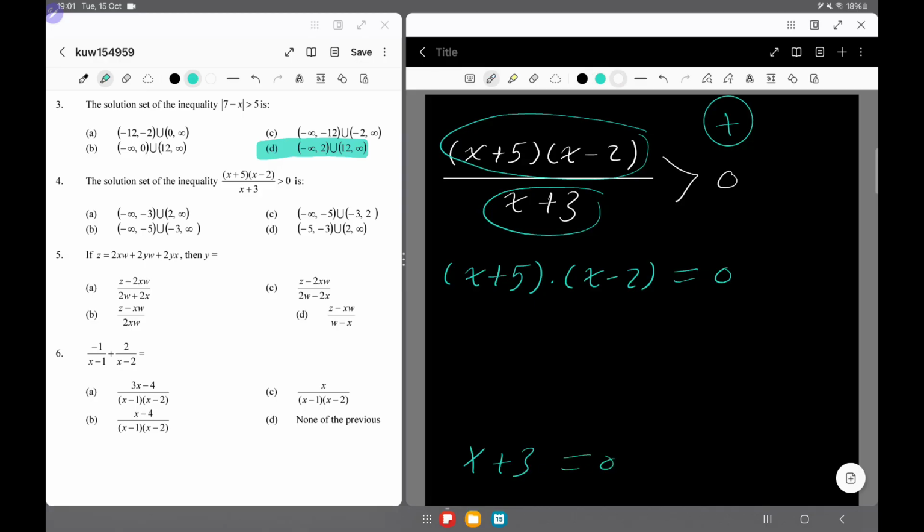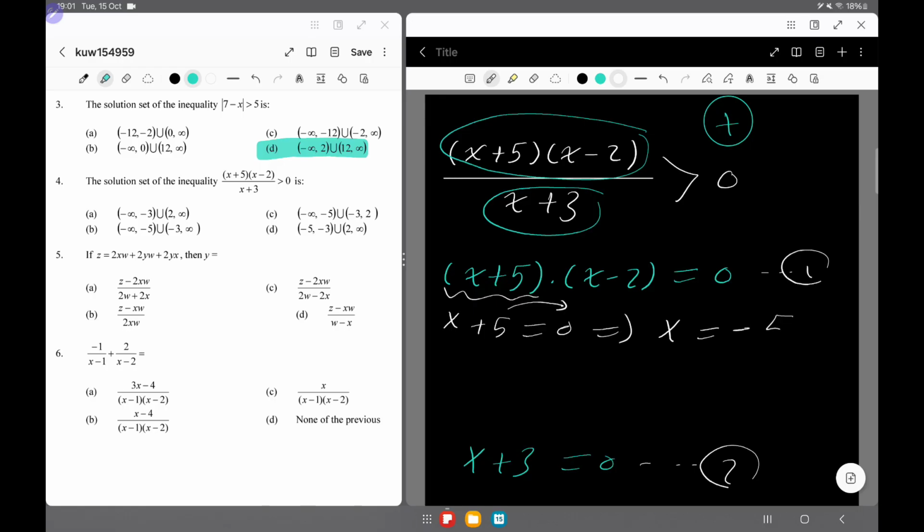Solve the first and the second. Maybe the first equals 0, x plus 5 equals 0, so x equals negative 5. Or the next one equals 0, x minus 2 equals 0, so x equals positive 2.